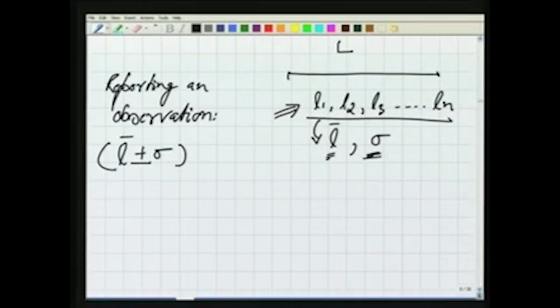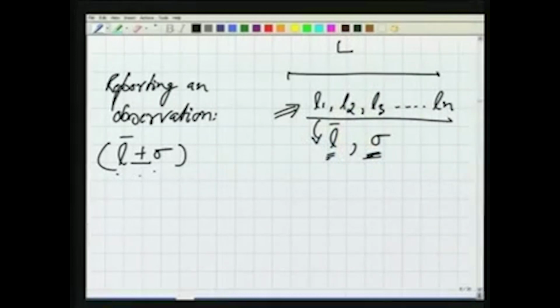What does it convey? If you measure this length, you find the mean of that, you find the sigma of the observations, the standard deviation, and you say, well, this is my mean, this is my standard deviation. What is the meaning of this? What should a third person understand out of this?